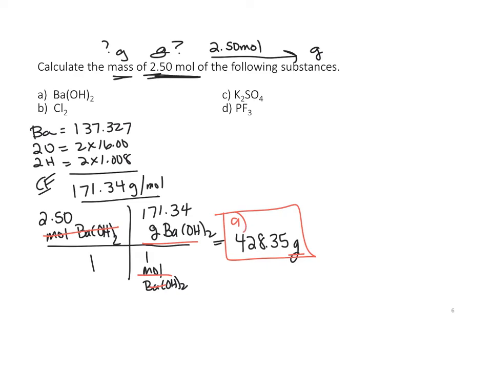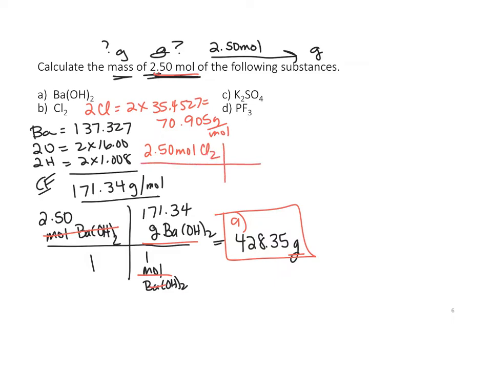B, Cl2 equals 2 times 35.4527. So 2 times 35.4527. That's 70.905 grams per mole. And we're starting with 2.50 mole of chlorine. That's one of your diatomics, one of the 7. And for 1 mole of chlorine, you put that on the bottom because you don't want that.